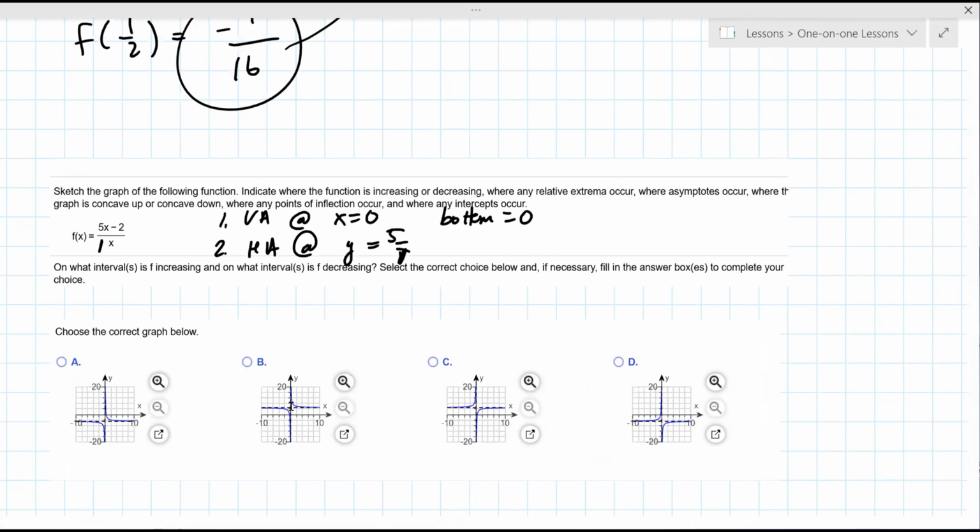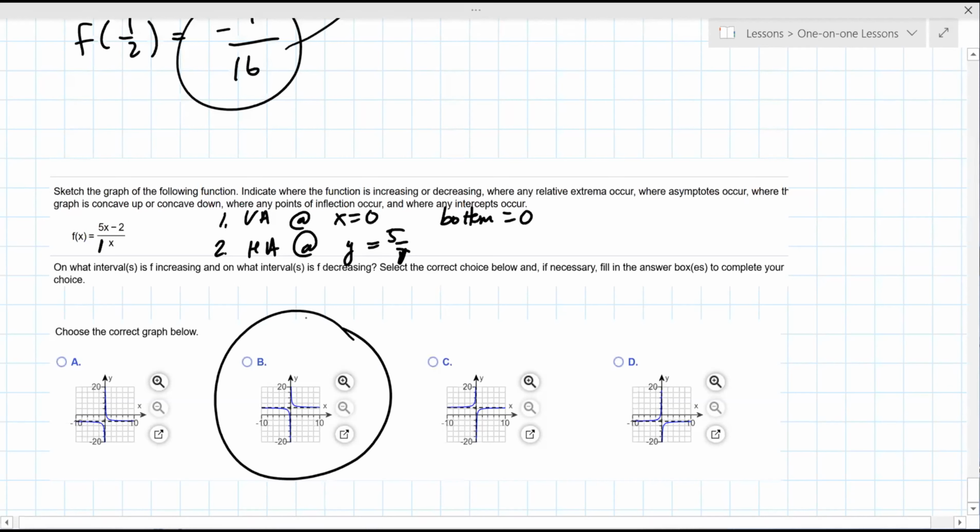I think I did that one wrong. Okay, yeah.